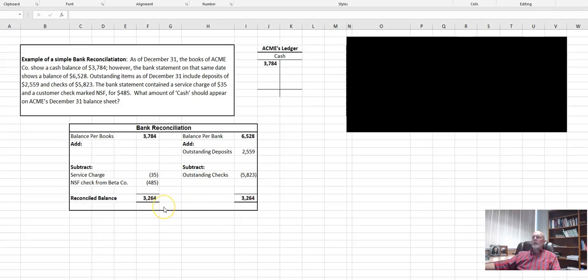However, in our cash account, it still says $37.84. Everything in this column needs to be recorded in order to bring our ledger up to date. So here's how we're going to do that.